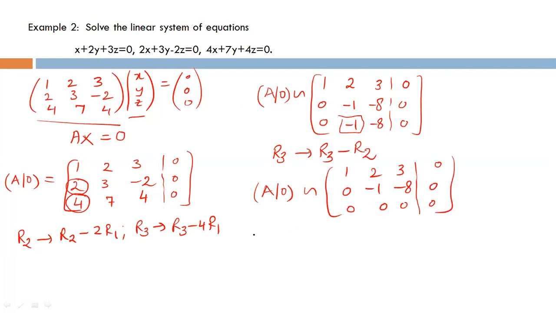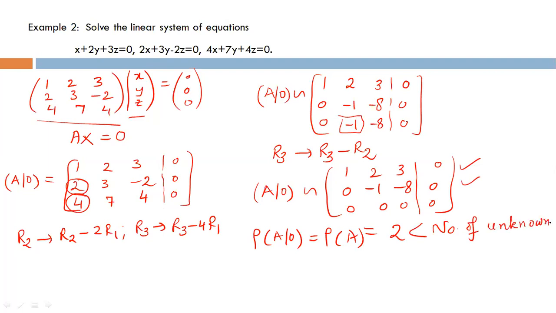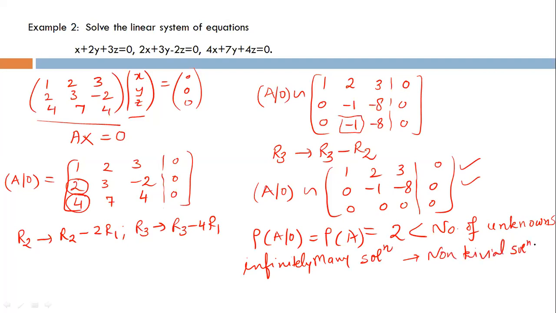Now we can see that the rank of the augmented matrix is equal to the rank of A, which is 2, because there are 2 non-zero rows, and it is less than the number of unknowns. It means there will be infinitely many solutions, or non-trivial solutions will also exist.